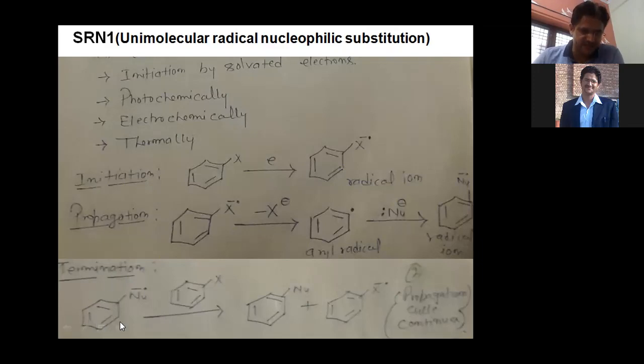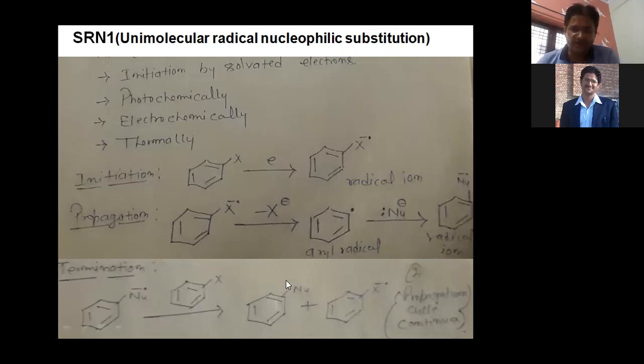In the next step, this radical ion reacts with the next molecule of chlorobenzene or bromobenzene, and then you can see it converts into this type of product, because this radical comes with X and converts into a radical anion. It means a long cycle can form.